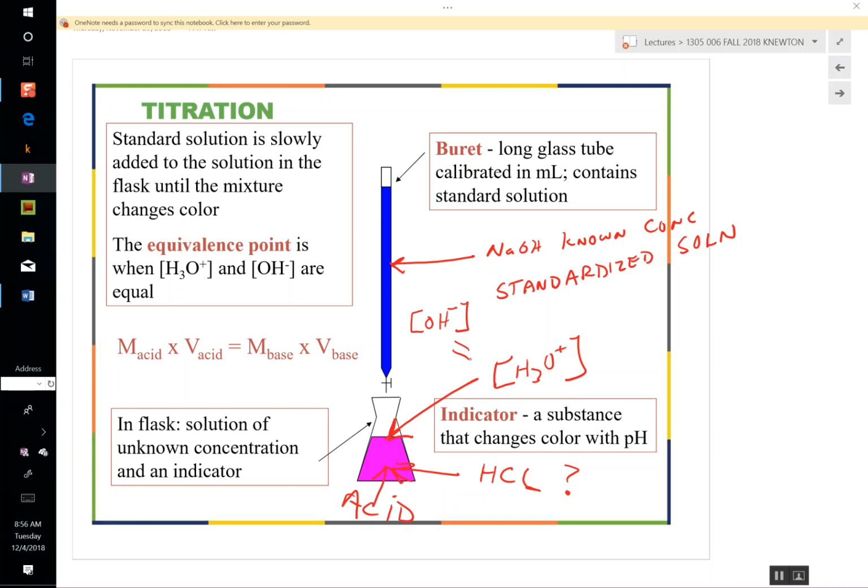Now, we'll get to this equation, but remember this equation: molarity times volume in liters equals moles. So what this equation is basically saying is that at the equivalence point, the moles of hydronium ion equals the moles of hydroxide ion.